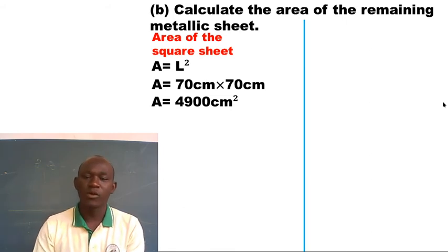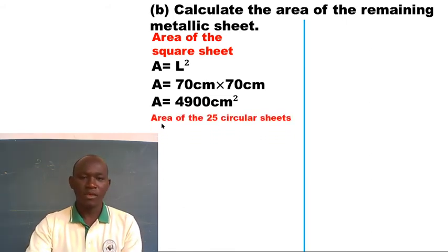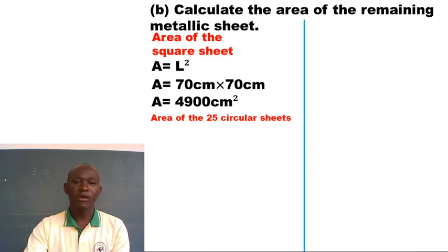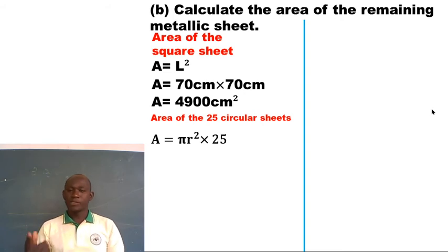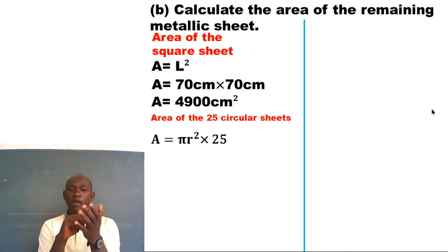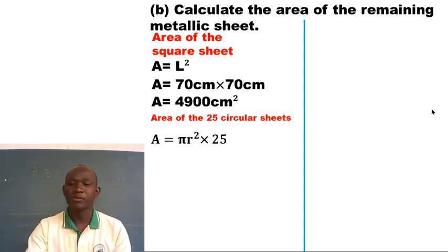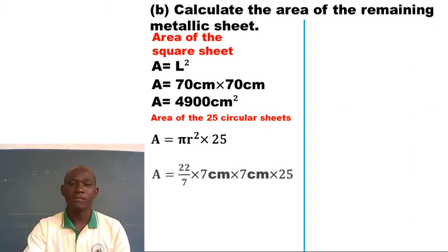that takes us to 4,900 square centimeters. Then we should also get the area of 25 circular sheets, which is pi r squared times 25. Pi r squared is for one circle, but because we have 25 of them, we multiply by 25.